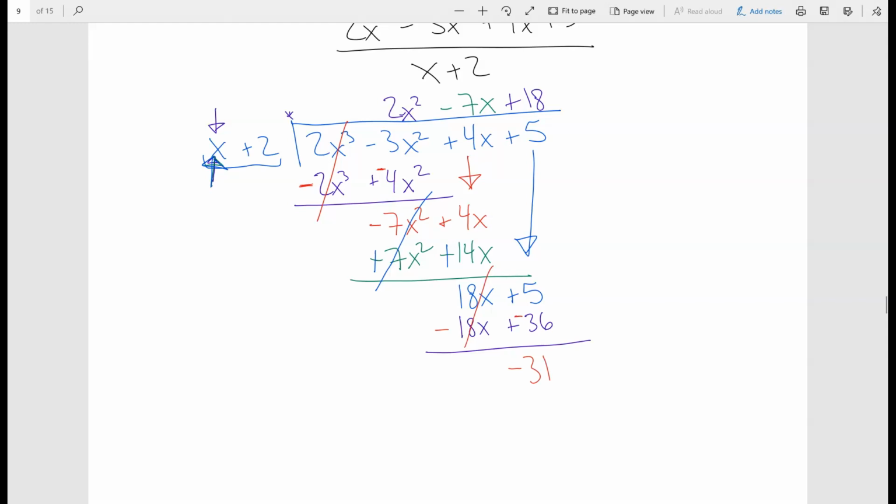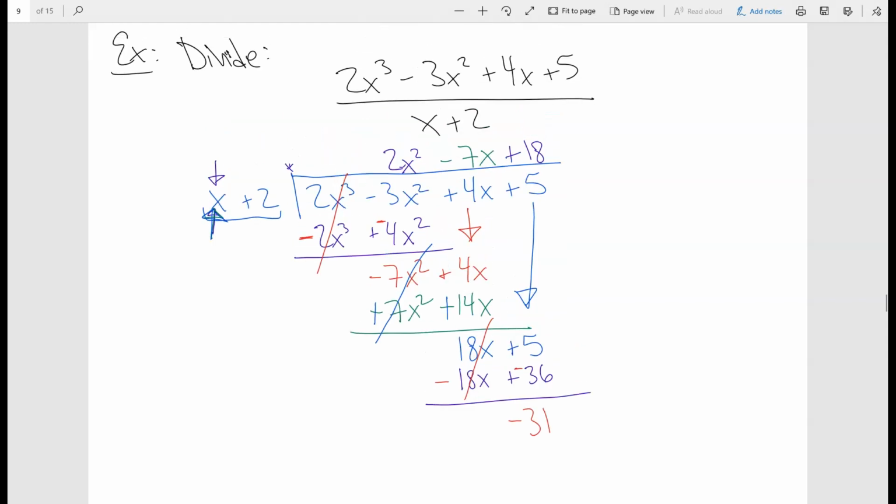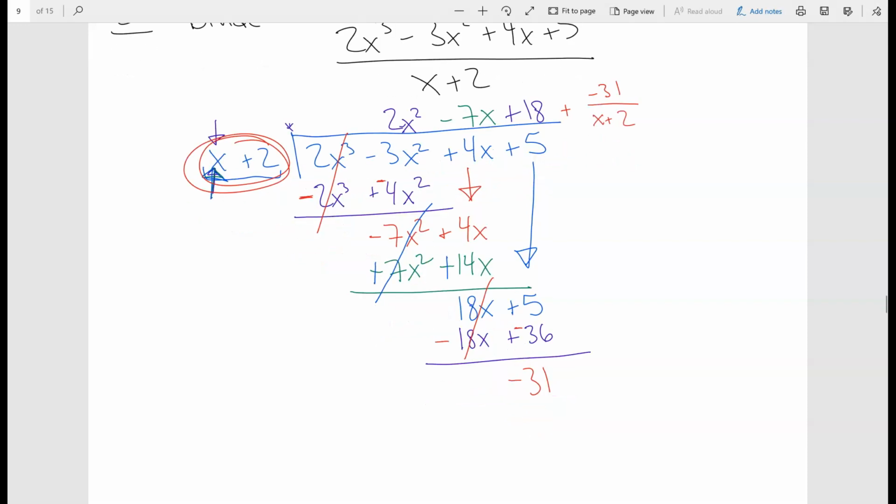So that's my remainder. So how do I write this? Well, this is going to be plus this negative 31, which is our remainder, divided by this divisor, which is going to be x plus 2. So the way that we want to write it is the following way.